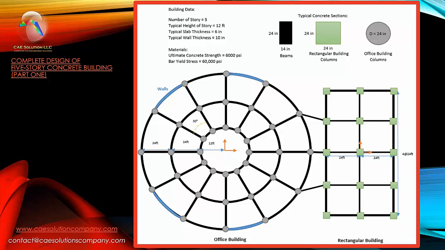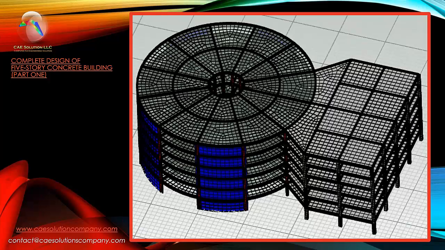The section sizes: the beams are 24 inches deep and 14 inches in width. The rectangular columns are 24 by 24 inches, and the office building columns have a diameter of 24 inches. The final product will look as shown in this image, and that's what we're going to pursue today.